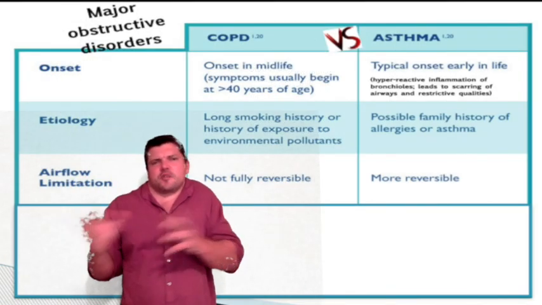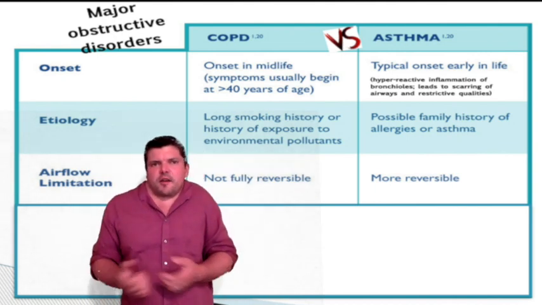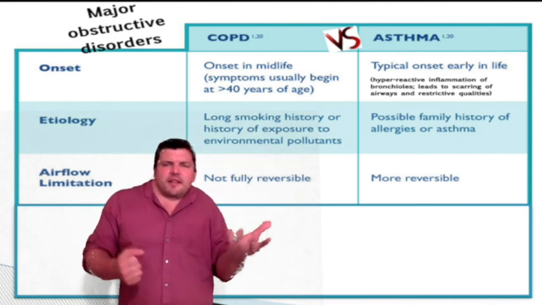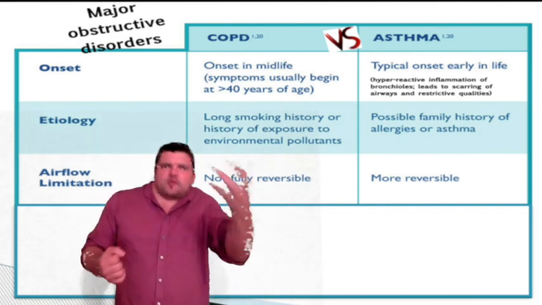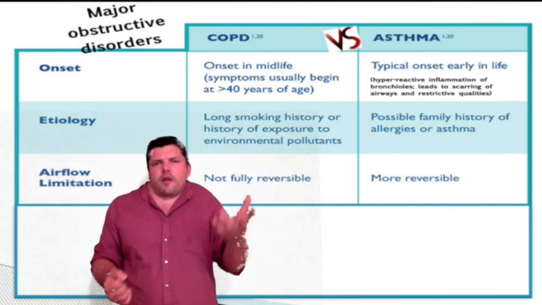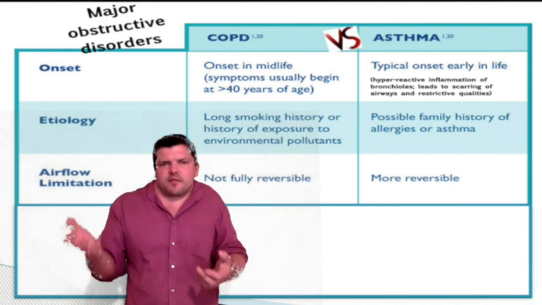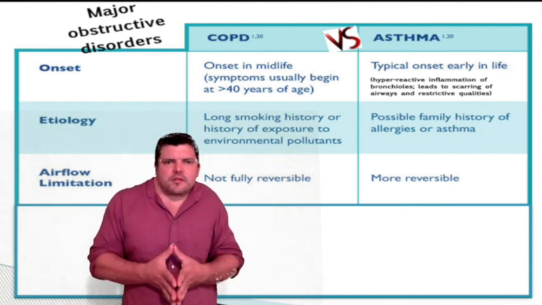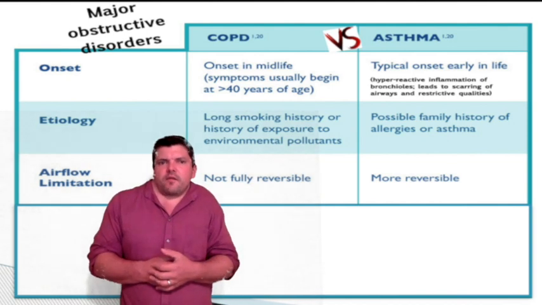This little chart is just meant to compare and contrast between COPD and asthma: the onset, which is late in life versus early in life; the cause, which is smoking and things of that nature more often, versus allergens, hypersensitivity to allergens; and then the general reversibility of airflow.